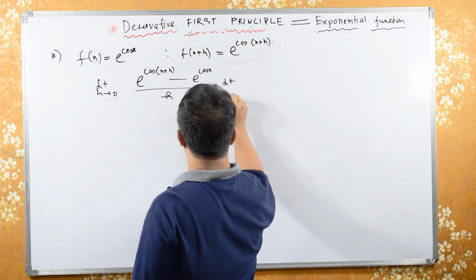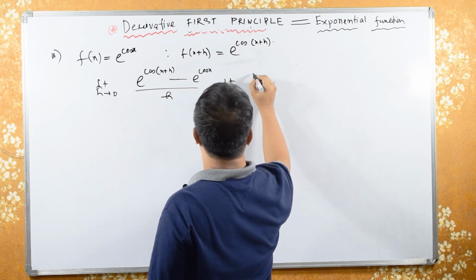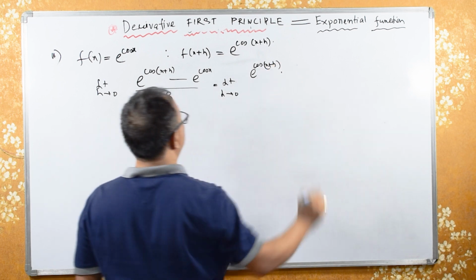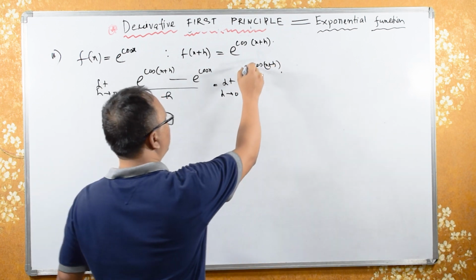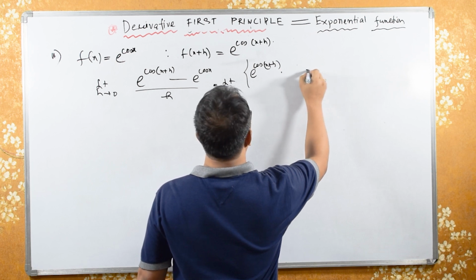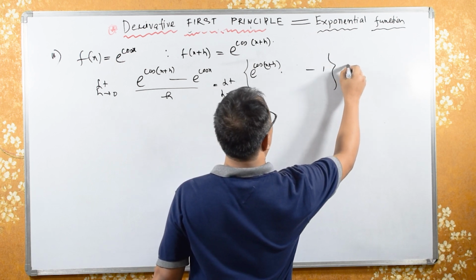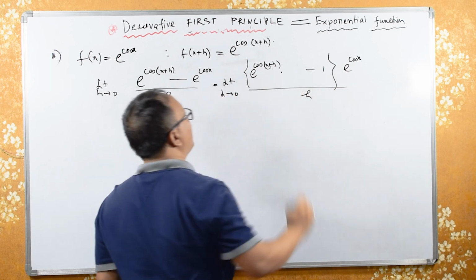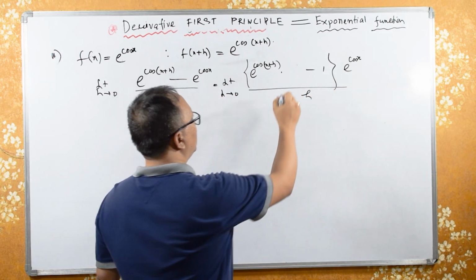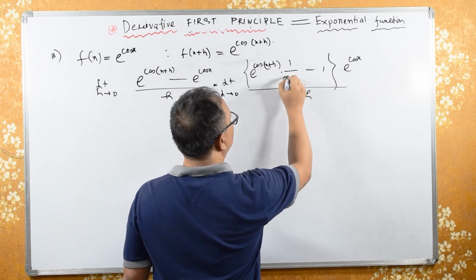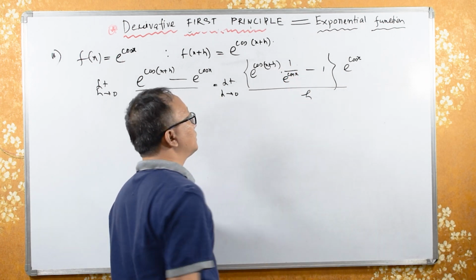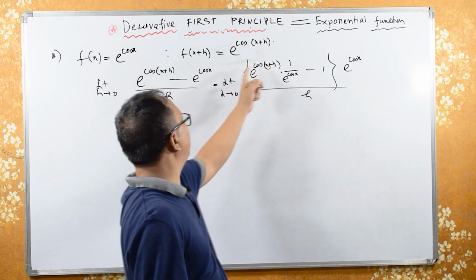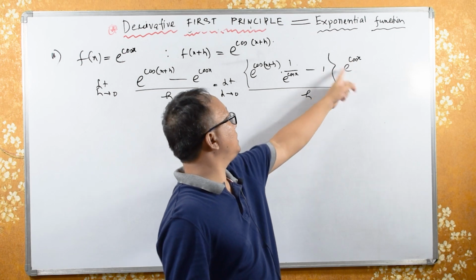Limit of h tends to 0, e raised to cos of x plus h minus cos x, minus 1, into e raised to cos x.